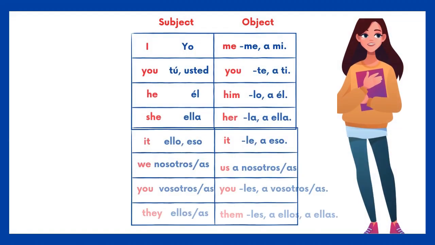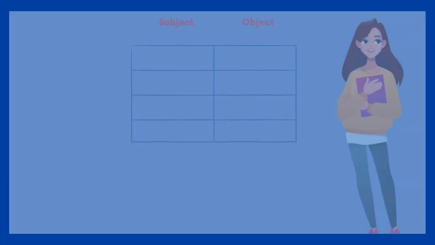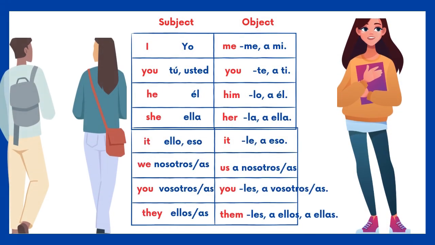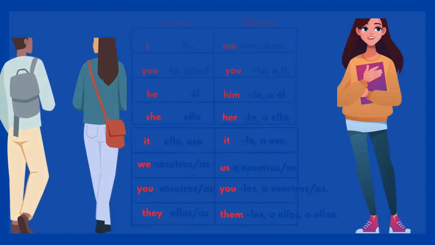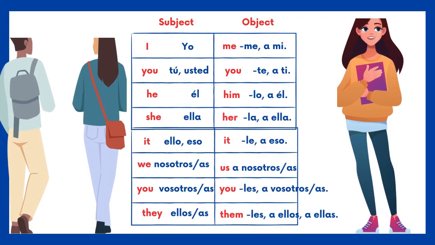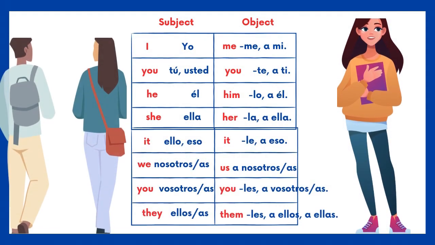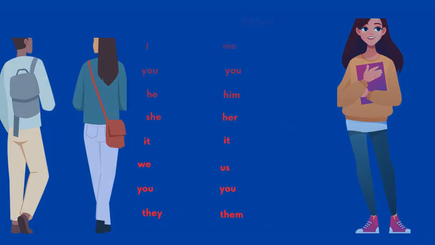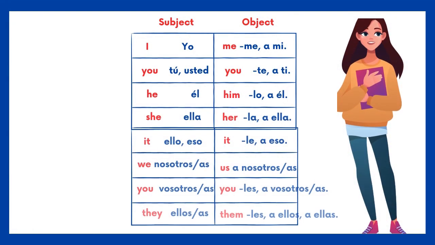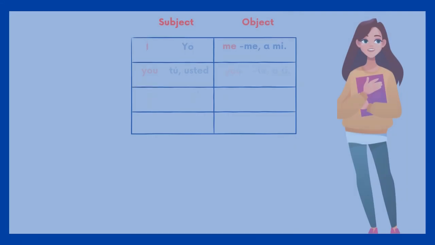Us: nos, a nosotros, a nosotras. You: les, a ustedes, a vosotros, a vosotras. Them: les, a ellos, a ellas.